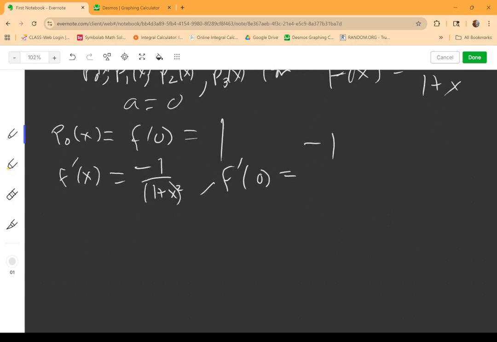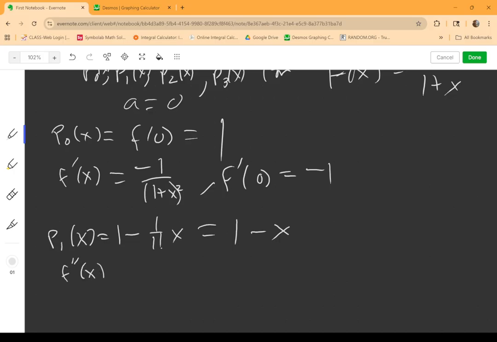So that means P1 of x is 1 minus 1 over 1 factorial x, or just 1, minus x.